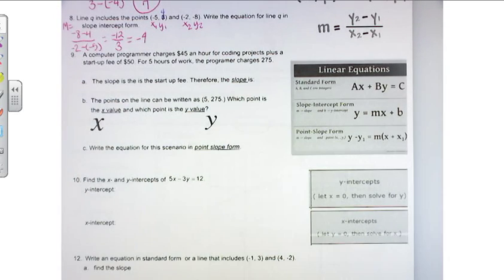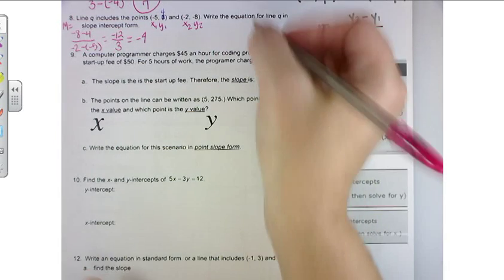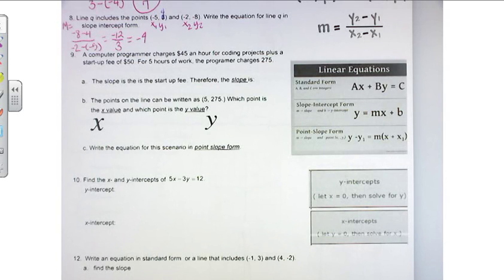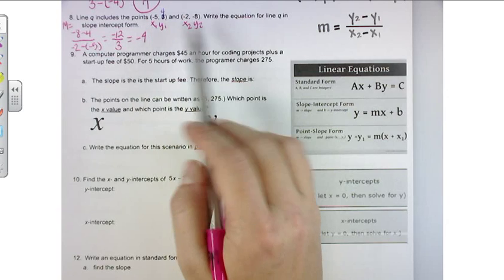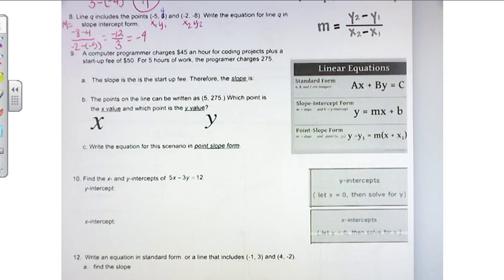Okay, that's just the first part of that equation. The second part is we've got to find the b. So I'm going to take one of the points. It doesn't matter which one you take. You just have to take one of them to find the b and substitute it in for the x and the y.